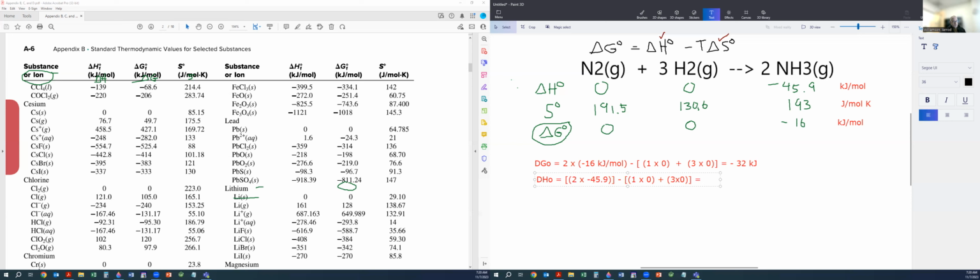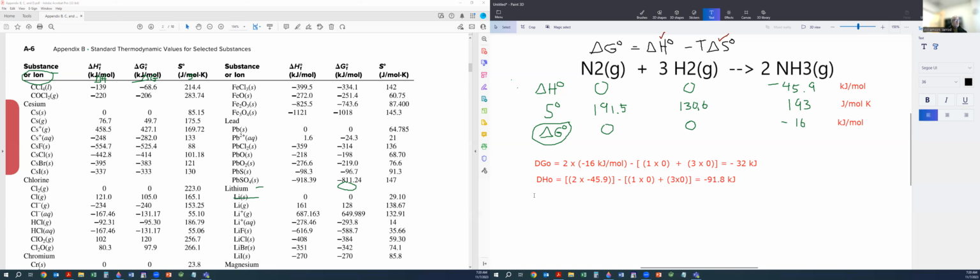That's equal to 45.9 times 2. And I'm going to get negative 91.8 kilojoules per mole, or kilojoules.